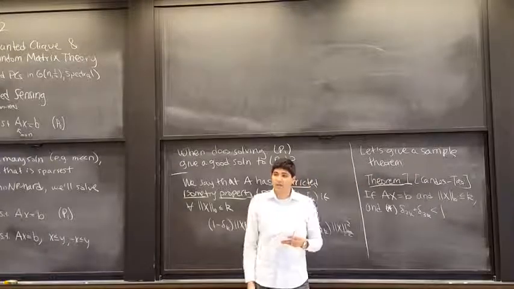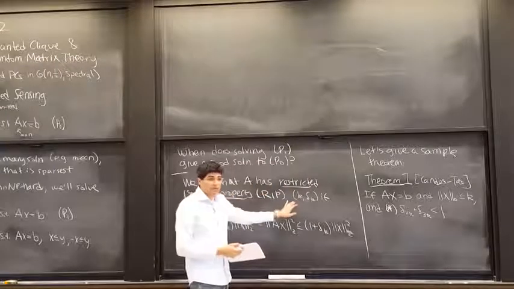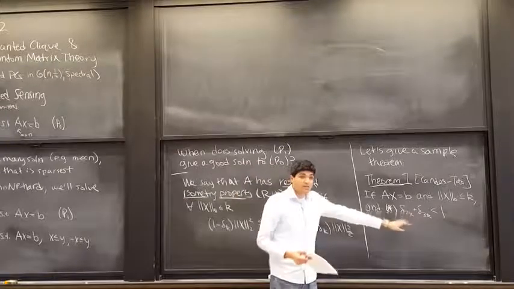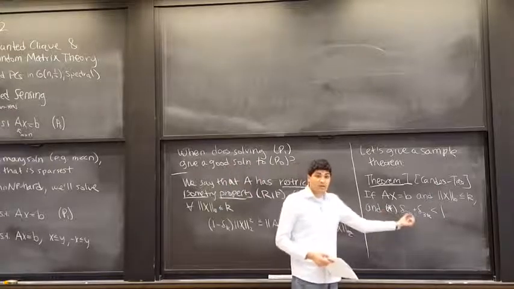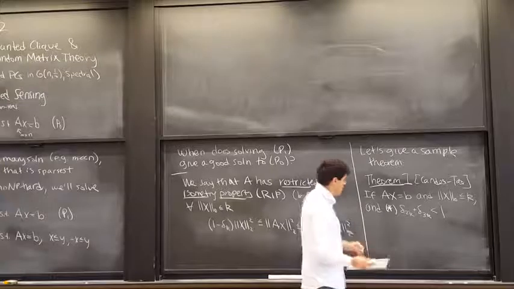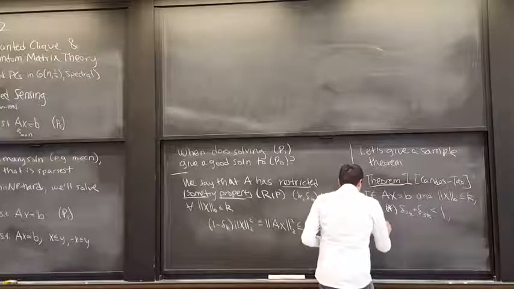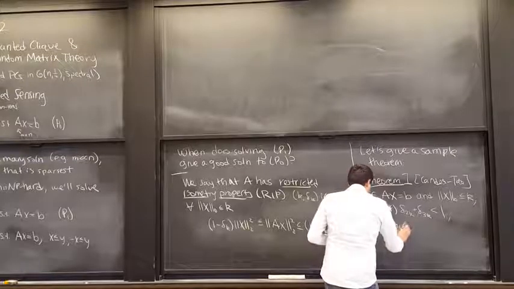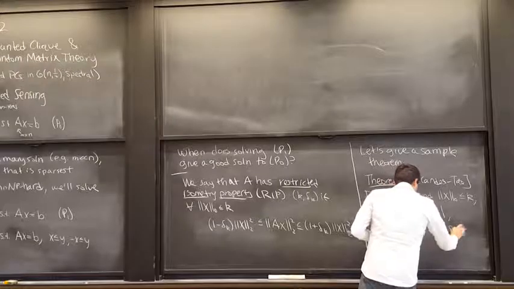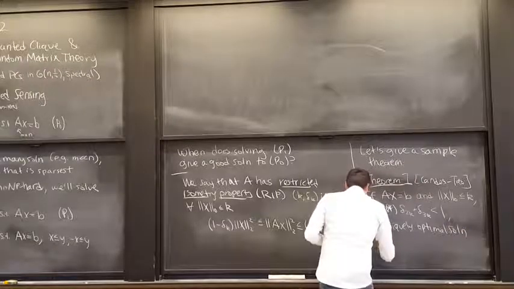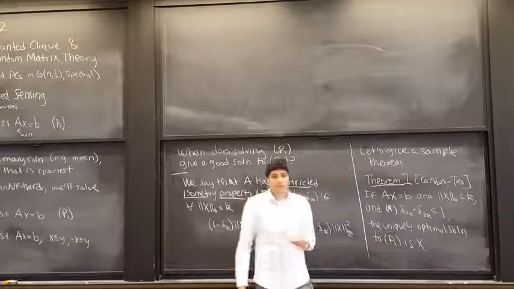If the sum of the RIP constant delta 2k, restricting just to 2k-sparse vectors, and the RIP constant delta 3k, restricting to 3k-sparse vectors, is small enough that they add up to something less than 1, then it turns out that the uniquely optimal solution to P1 is the true x.